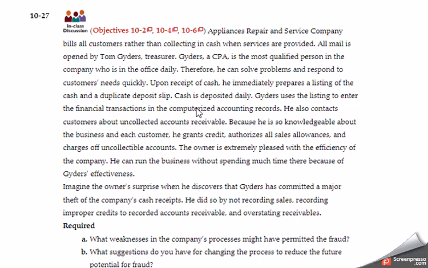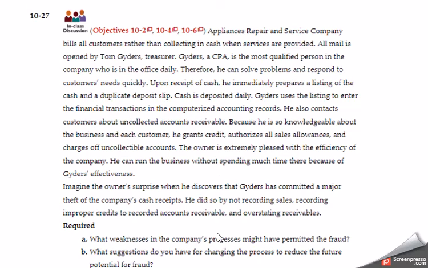So Guiders gets the checks, he makes the list, he enters it into the accounting software. Then he also has the ability to grant sales credits and allowances and write off uncollectible accounts. So then there's no one even double checking that stuff. He could easily take a check, cash it, and then write it off as uncollectible, or take a check, cash it, and write it off as sales returns and allowances.